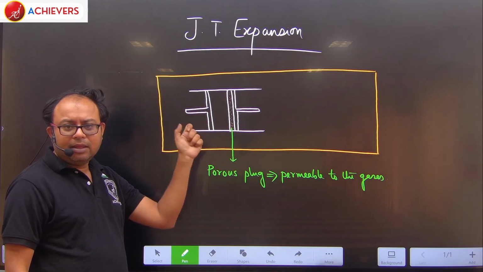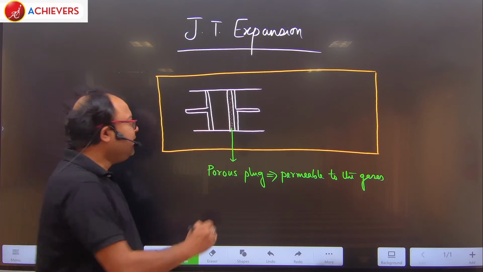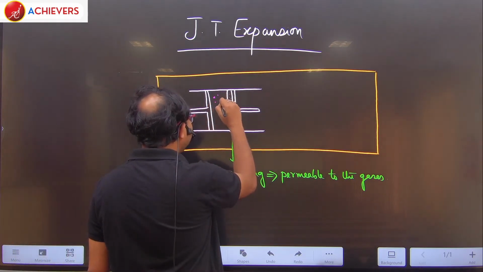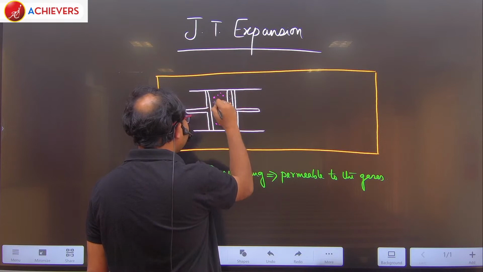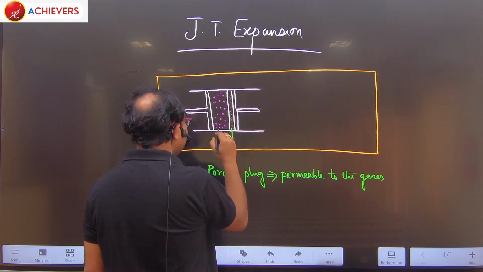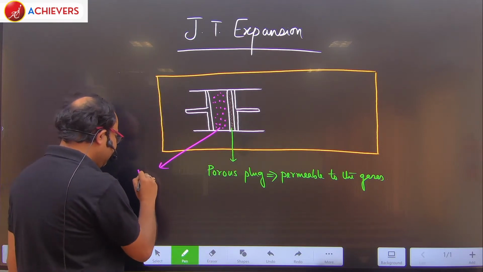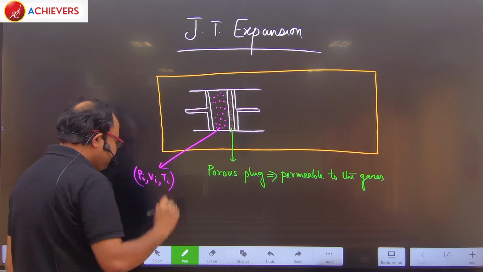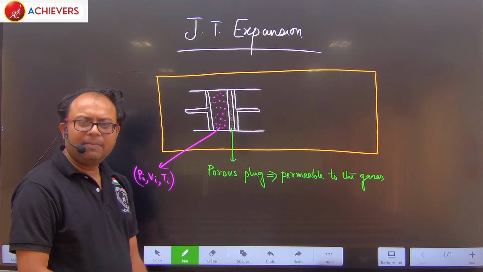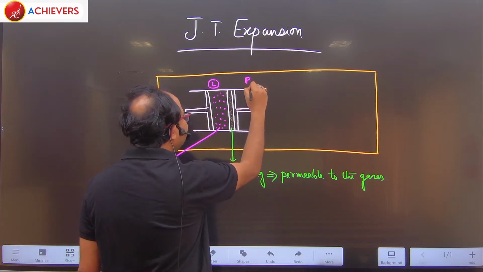Okay, and the gap within the left hand piston and the porous plug is filled with gas molecules. Let the pressure be Pi, volume be Vi, and temperature be Ti. Okay. So this is the left hand part and this is the right hand part.